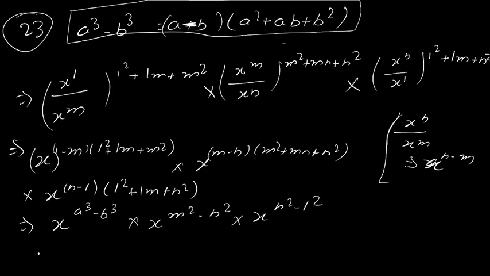Here also the same, if you write m square minus n square, here also the same thing beta, n square minus l square. So since the bases are same, you can simply add the powers: l cube minus m cube plus m cube minus n cube plus n cube minus l cube.